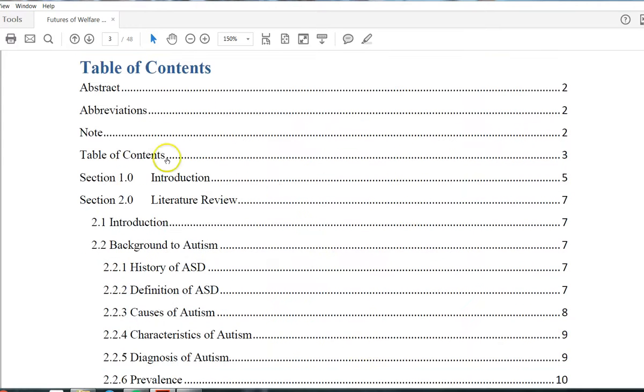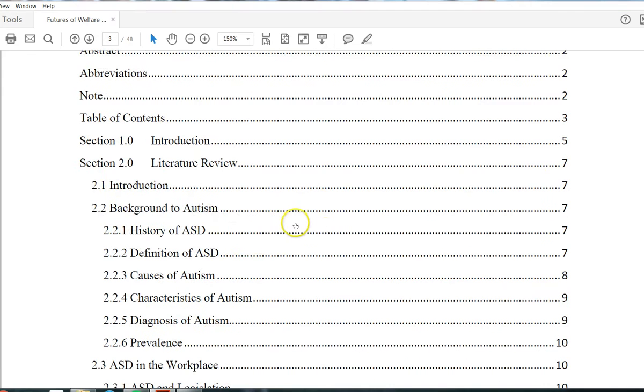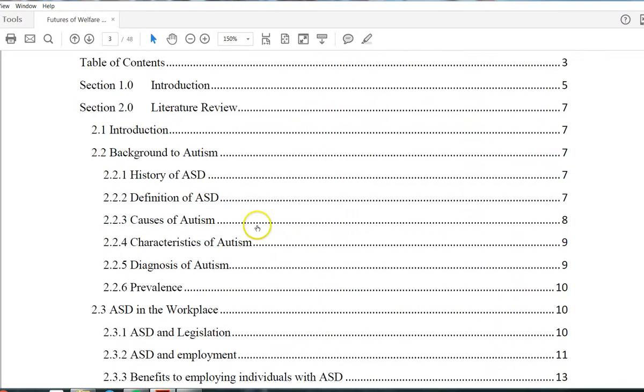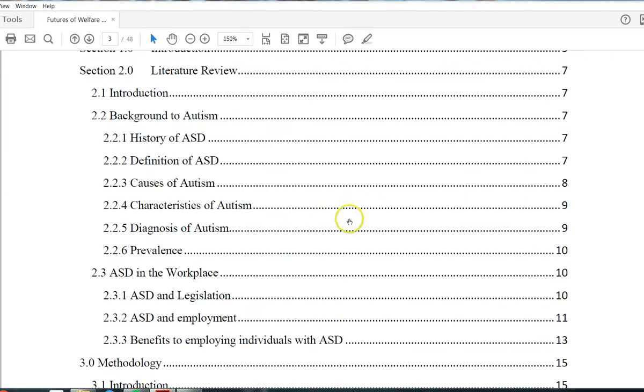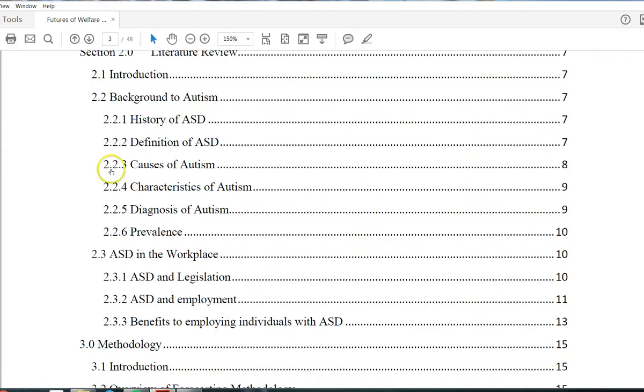Next page down, they move on to a table of contents, after their abstract, abbreviations and their little note. Then they have the specifics of the actual structure of their assignment. So they have an introduction, which takes 2 pages to complete. They then have a section on a literature review, and then they provide an introduction, background to autism, a history of ASD, definition of ASD, causes of autism, characteristics of autism, diagnosis of autism, and its prevalence.